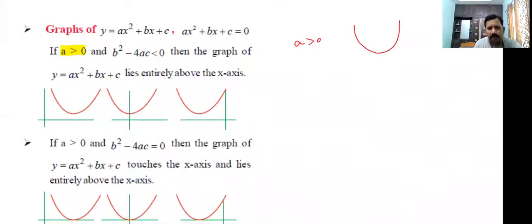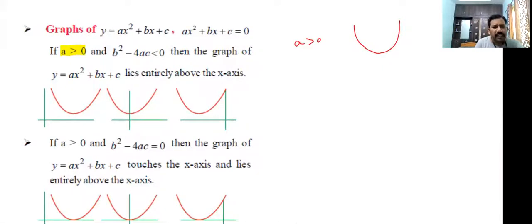By observing the discriminant, we will decide whether the curve either touches or intersects the x-axis.